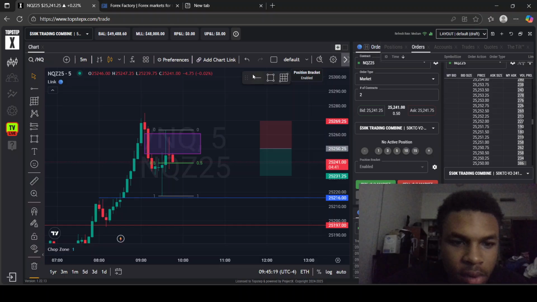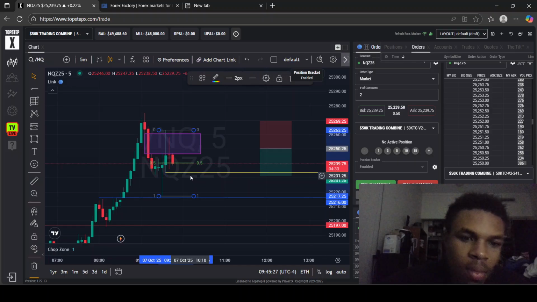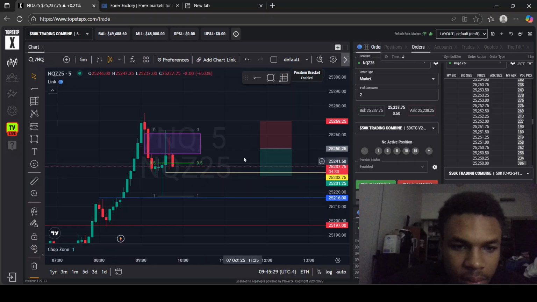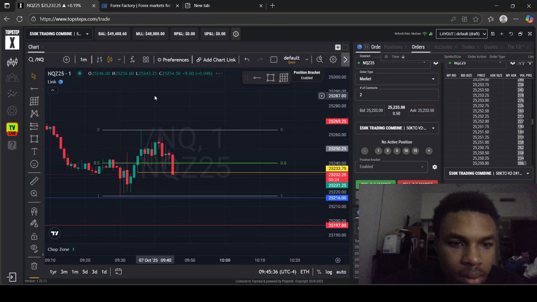Just need a breakout of here. A closure below here will be super good because it'll be a slight closure above equilibrium, and we'll have a break of structure on the 5 minute. Let's see.